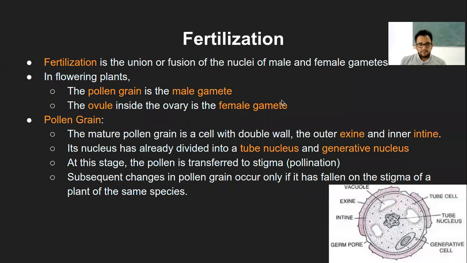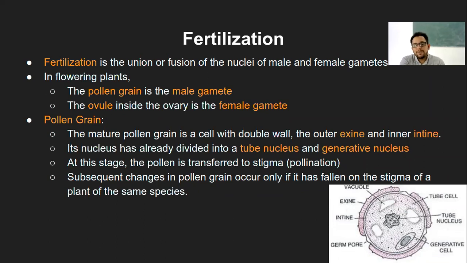When we talk of fusion of the nuclei, that means the pollen grain as a cell and the ovule as a cell come together and allow the fusion of the nuclei of each other, and that is when the zygote is formed. That whole process we will see.